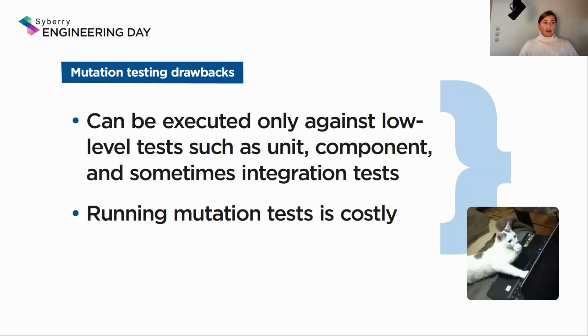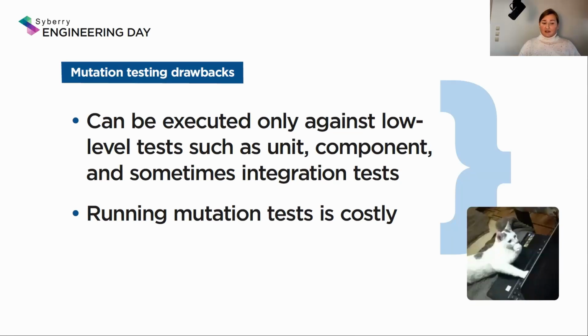The first one is that mutation testing can be executed only on low-level tests like unit tests, component, and sometimes integration tests, and not higher ones. And running mutation tests is actually a costly operation, especially if we want to run them against the whole existing code base.